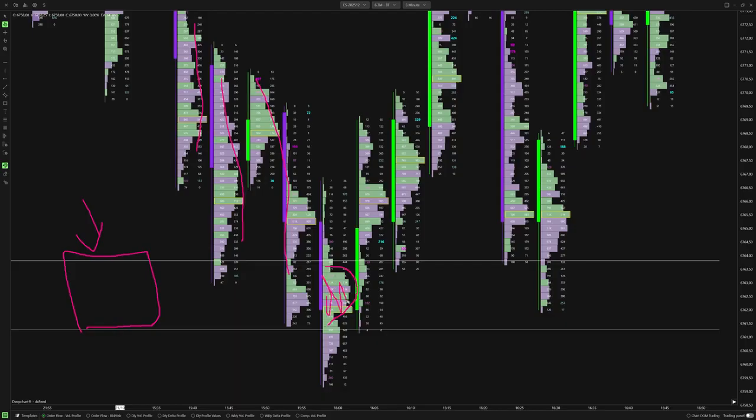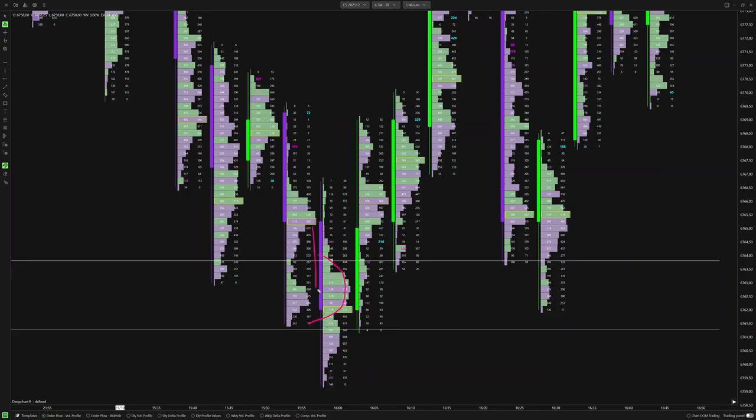So we have a war here between buyers and sellers, which we could consider some form of absorption. And when we try to auction lower, what happens? There's a dry up in volume. There's some selling, but buyers are way more aggressive. Well, that's a failed auction right here. We have a big phase of absorption.